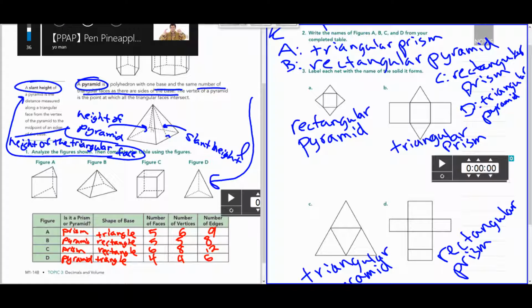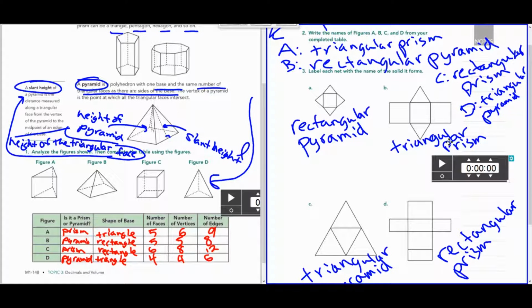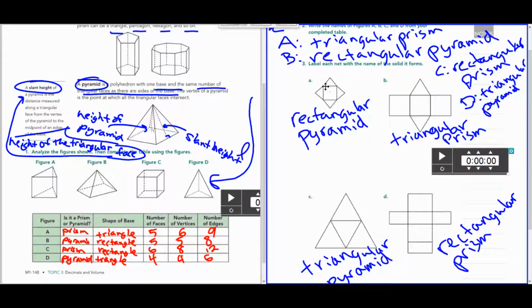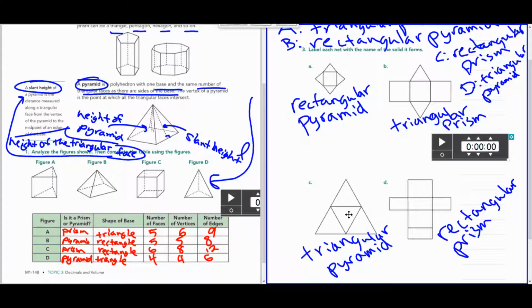All right. So back to this. You had to take a net and pretend you're folding it together. And the shape that you have, you're supposed to tell me what it was. We said it was a rectangular pyramid, the triangular prism. This is a triangular pyramid, and this is a rectangular prism.